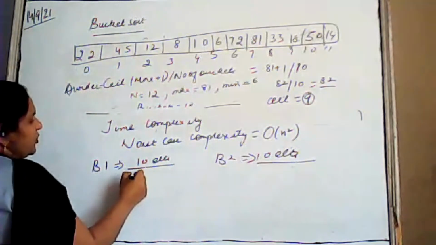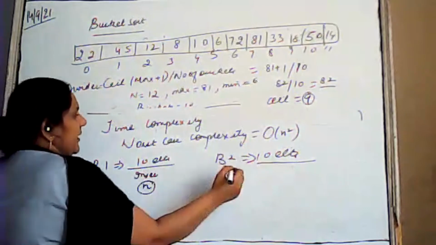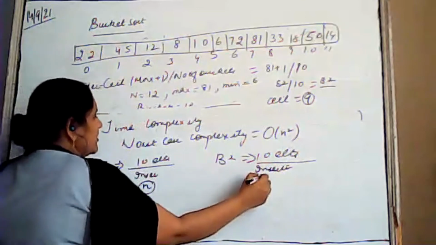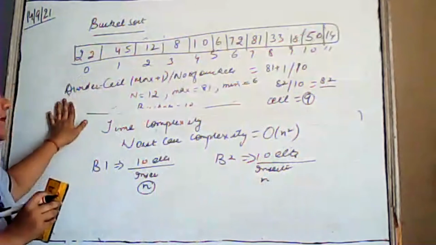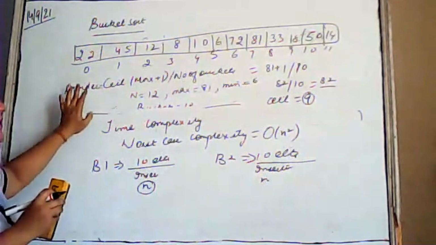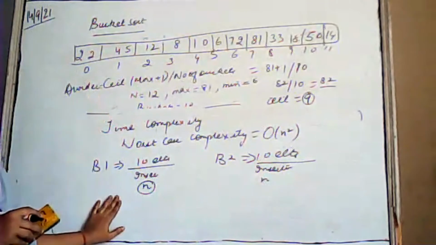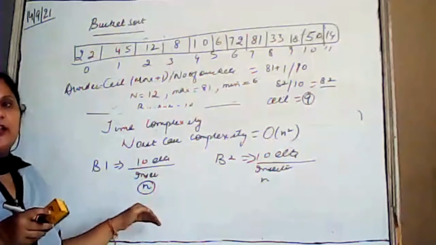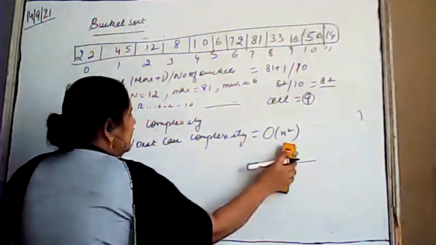Now performing the insertion sort in this will take n time. Here insertion sort will also be performed on the individual bucket. It will also take n time. So that means one loop will be there for assigning the numbers to the buckets, and the second will be performed in order to perform the insertion sort on the elements which are there in different buckets. So this becomes order of n square.